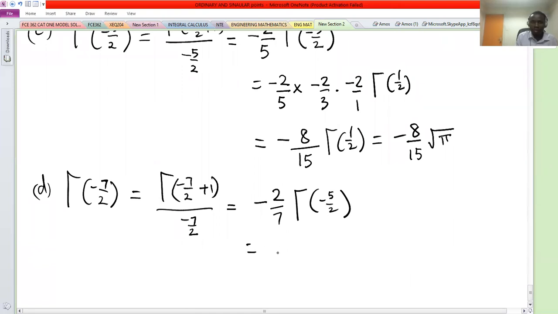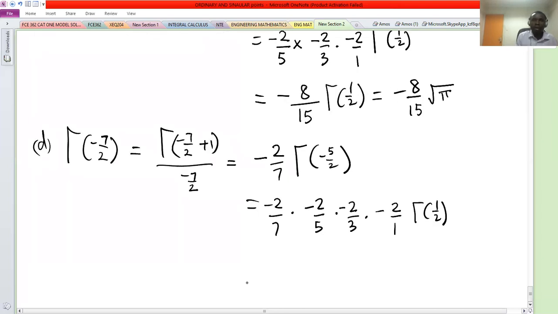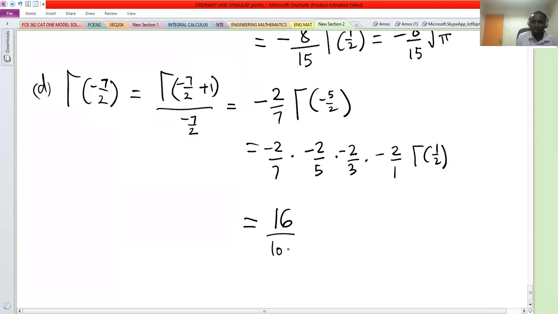So this will be minus 2 over 7 times minus 2 over 5 times minus 2 over 3 times minus 2 over 1, and then gamma of a half. Now, when you multiply this, negative times negative, so it will be positive. So 2 times 4 is 16, 15 times 7 is 105. So 16 over 105 gamma of a half, which is root pi. So we can see a pattern here.